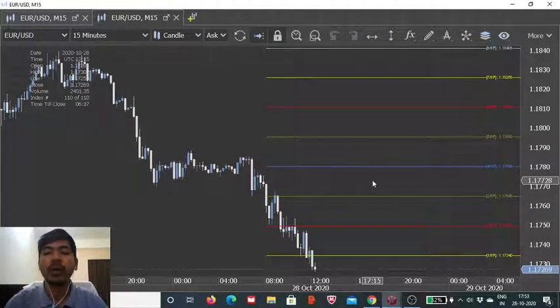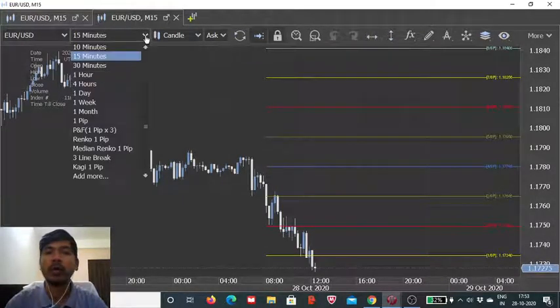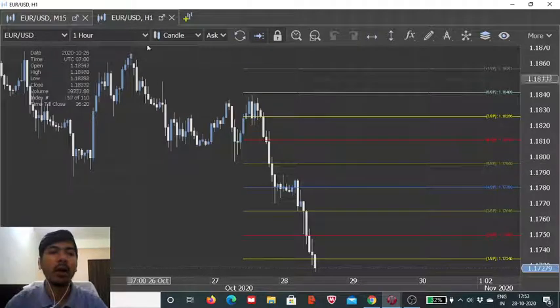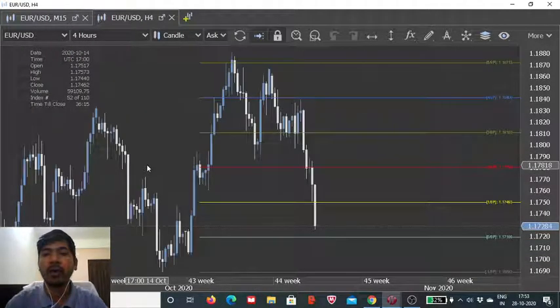If you want to trade on the shorter time horizon with the scalping approach, then the lower time frames like 15 minutes, 10 minutes, or even maybe half an hour should do the job. If you want to go for the longer time horizon, then time frames like hourly or 4 hourly will be better suited for the purpose.